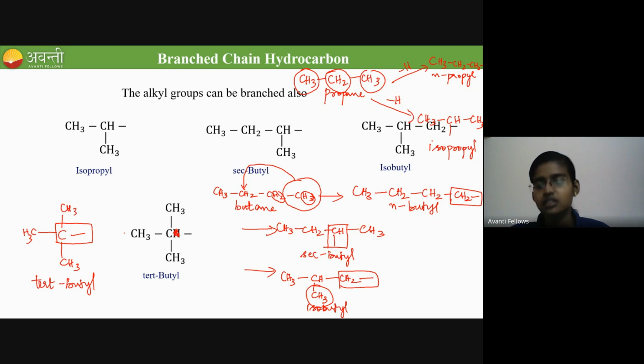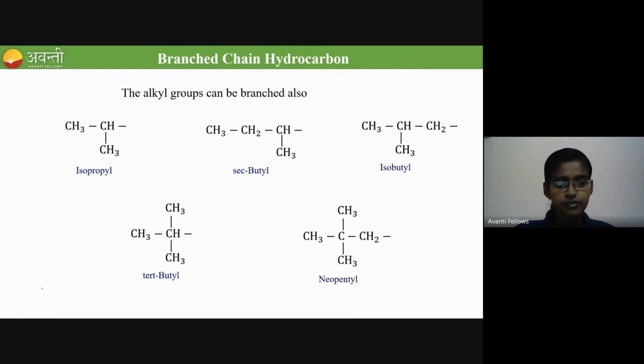For the 5 carbon alkane, which is called pentane, there are a number of alkyl groups that can be produced, but one among them is very important, the one you are seeing on the screen. This is very important: neopentyl. The way we prepared tertiary butyl, we took 1 carbon and attached 3 alkyl groups to it and got tertiary butyl.